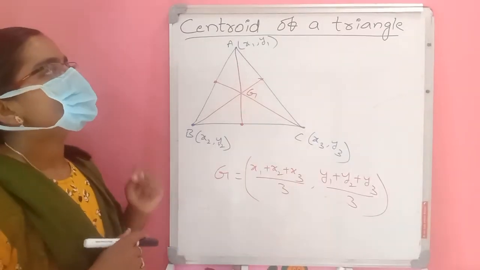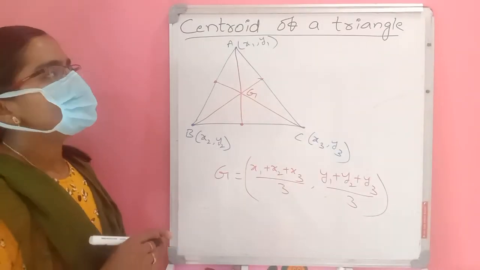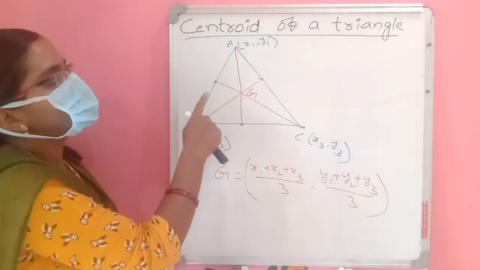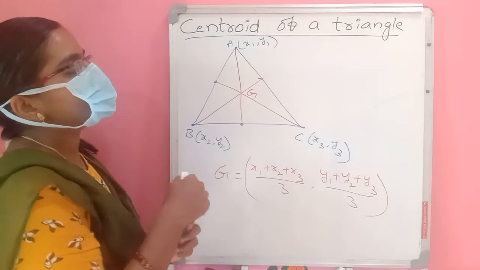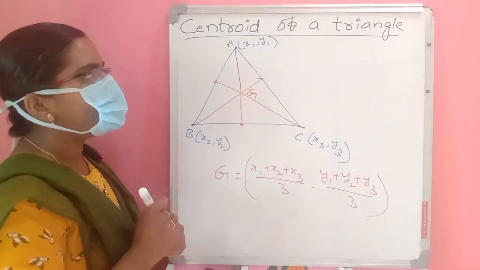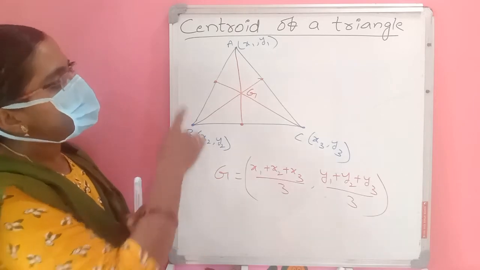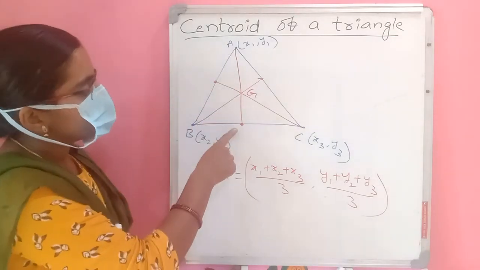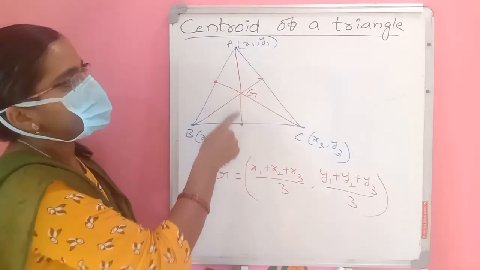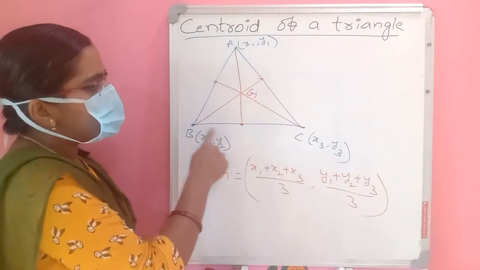Next we have the centroid of a triangle. The centroid is the meeting point of the medians. A median is the line joining a vertex to the middle point of the opposite side.